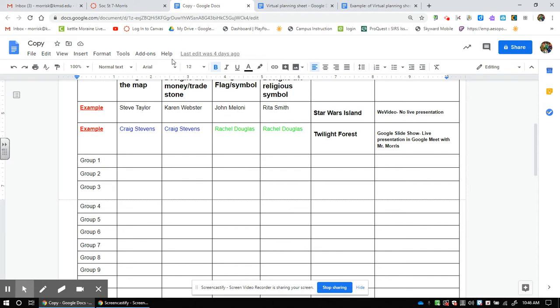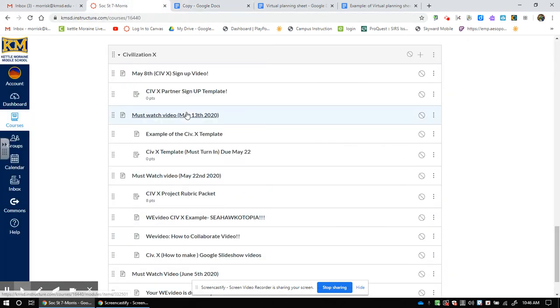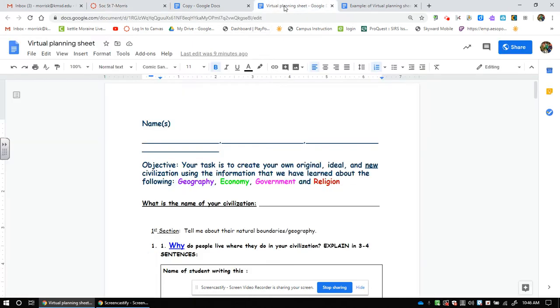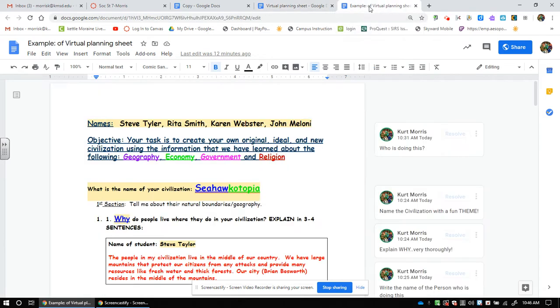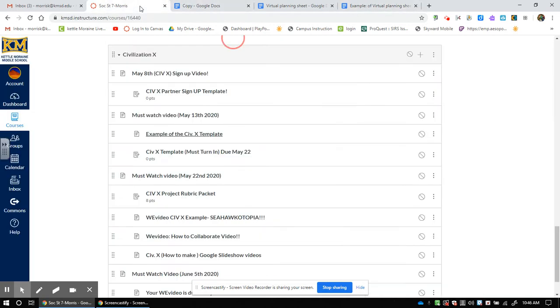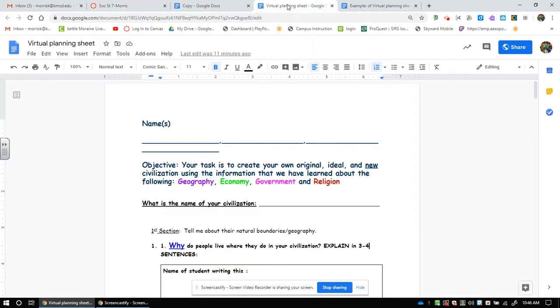All right, let's get to the template and let's talk about what each piece looks like. When you click right here, you're going to get the example. I'll get to this more in a second. Okay, let's go back to here. This is the Civ X template, and when you click on that, this pops up.